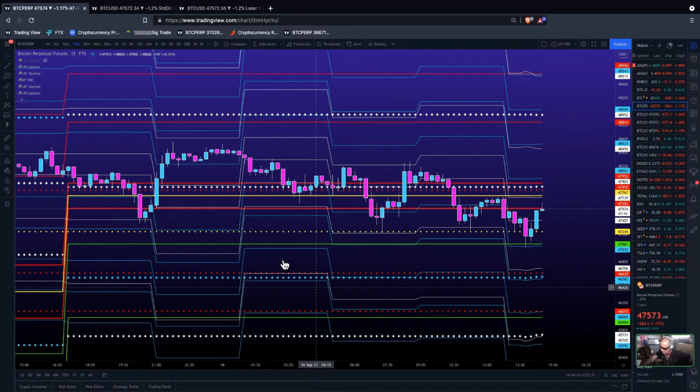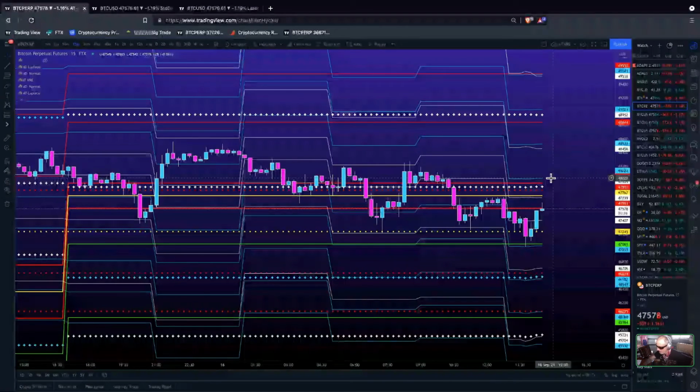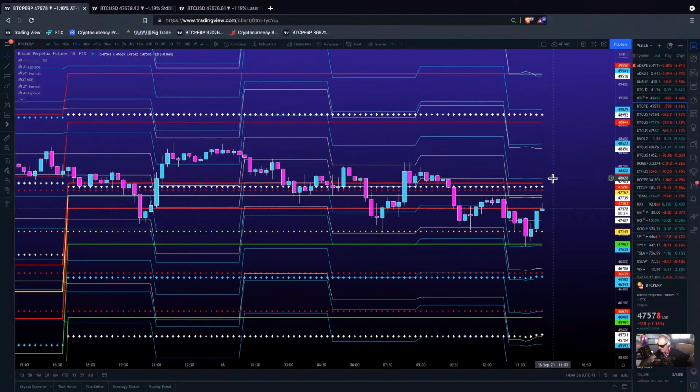You can see, when you get an area like this, it's like a magnet for price action, just like this area right here: top of the daily, top of the weekly range, center of the daily. You've got this Laplace probability level, and the 4-hour 1SD to the top side. This is like a magnet.